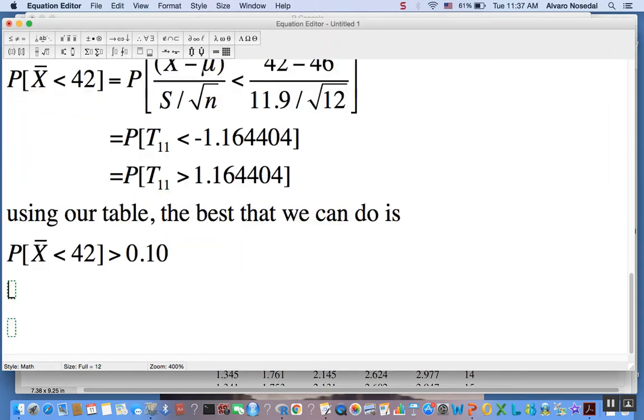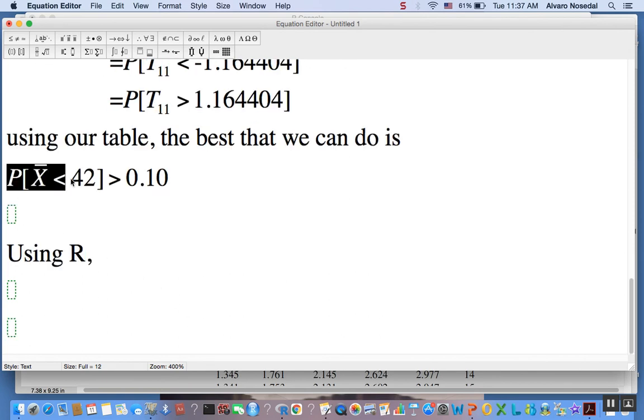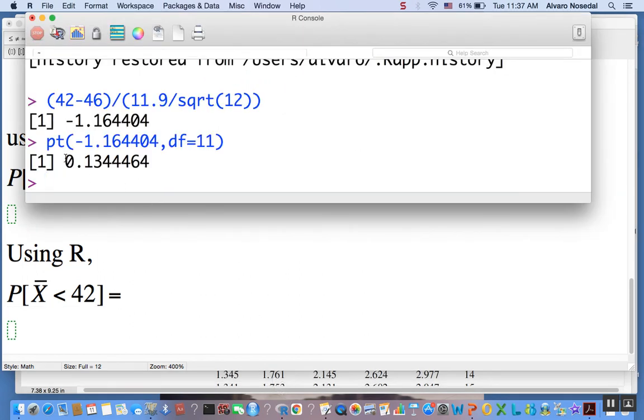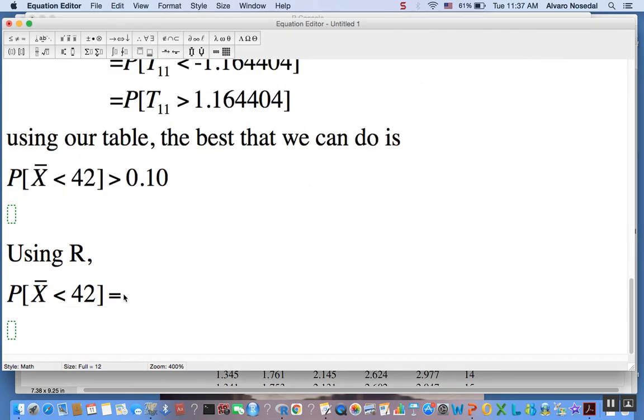Make sense? So let me just point that out here. Using R, what we have is that the probability that the sample mean is less than 42 is 0.1344 roughly.